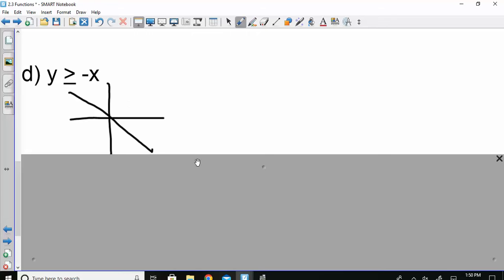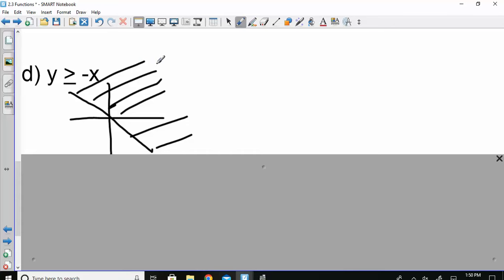Just a line, decreasing, negative slope. The inequality part adds shading to it. So y is greater than that. That means you shade above the line. Pretty much any inequality is going to involve shading.